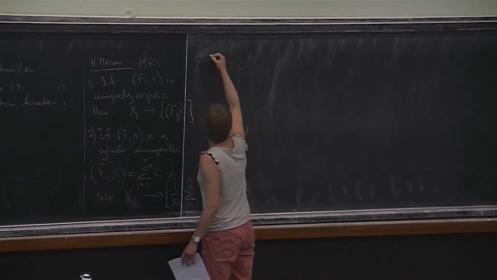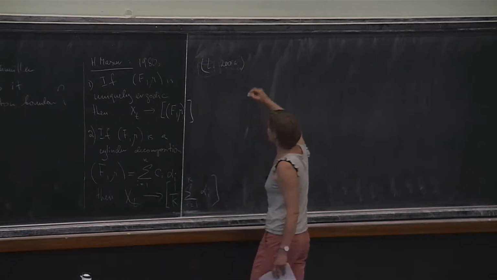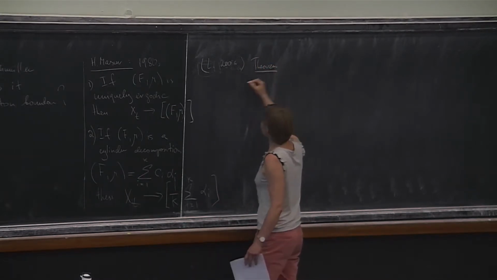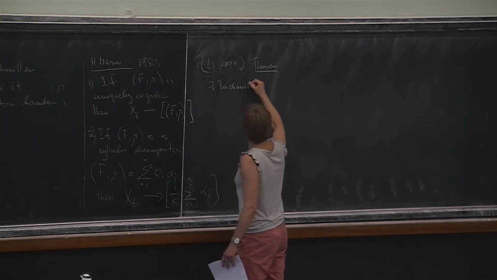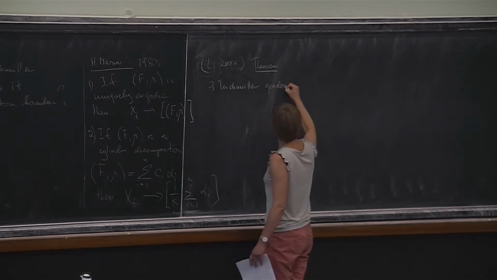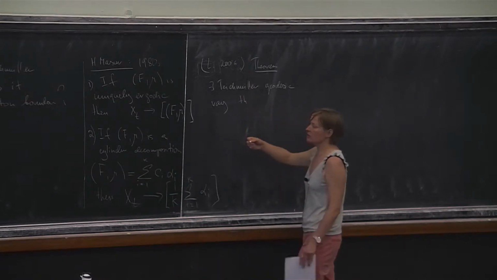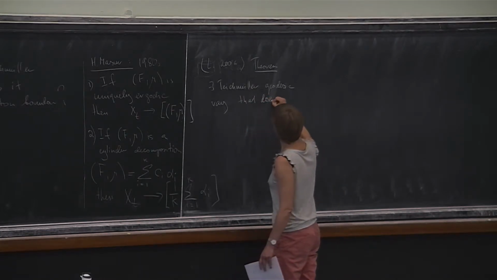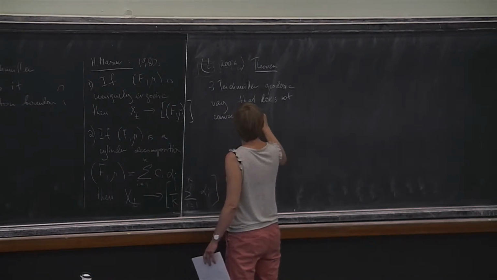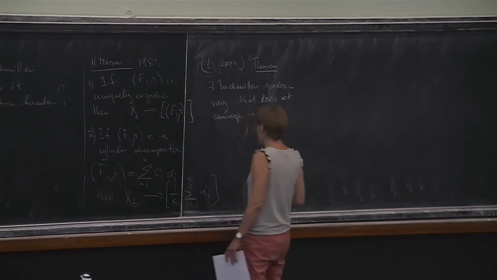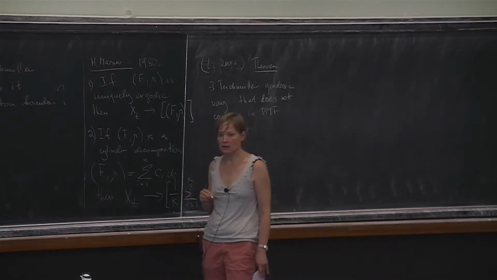So then I also proved in my thesis that there exists a Teichmuller geodesic ray that does not converge in PMF. This Masur's theorem does not include all the cases, because maybe there are some cylinders and some mixed part.